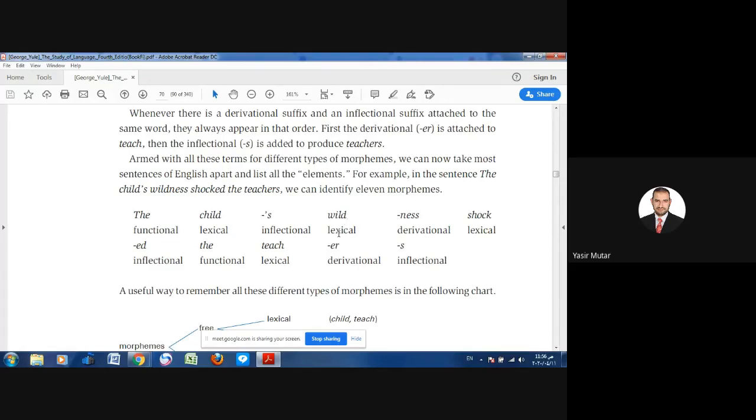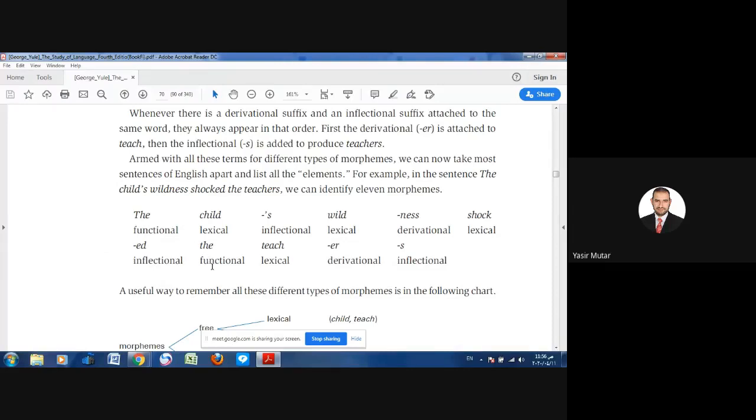Wild is an adjective, so it is a lexical free morpheme, and this ness is attached to wild, so it is a derivational bound morpheme. Shock is a verb here, a lexical free morpheme, and you have this ed attached to the verb shocked. So ed here is an inflectional bound morpheme.